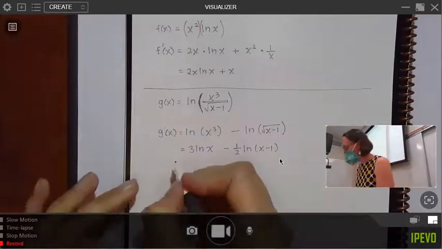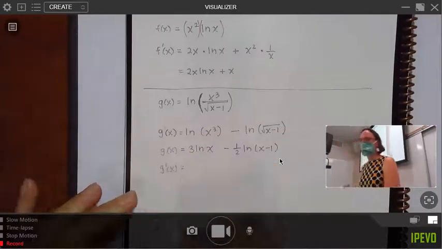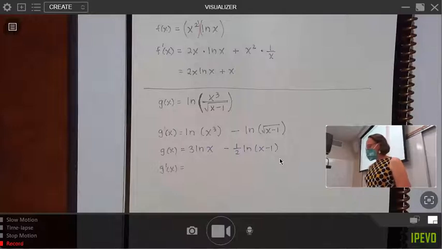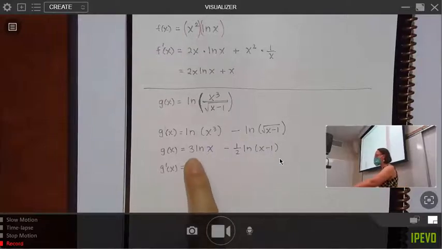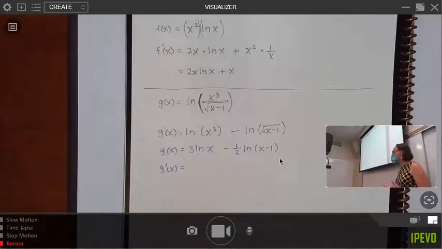Now I'm ready to come in with the derivative. You could do a product rule here, but we don't need to because it's just a number. The derivative of 3 would be equal to 0, so we wouldn't even have that part.